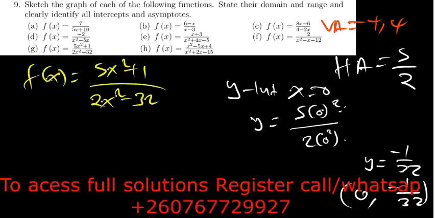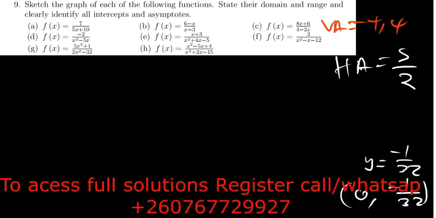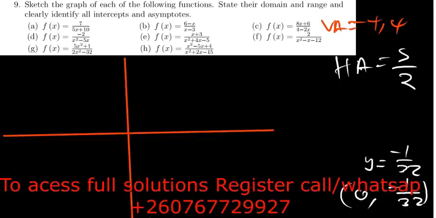So now if I have my graph, I have my vertical asymptotes at negative 4 and 4. So I have 4 and negative 4. I'm going to put it here.